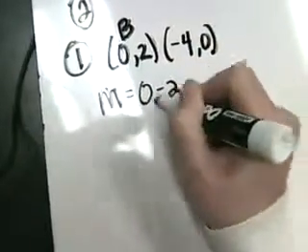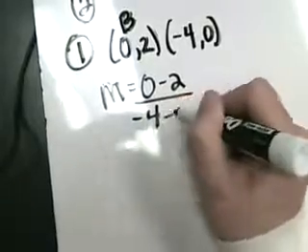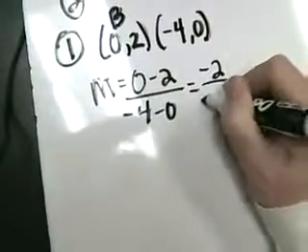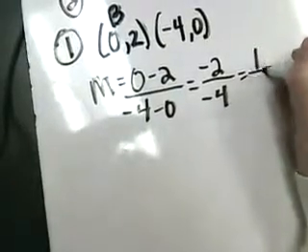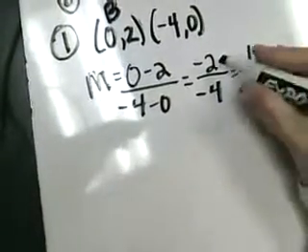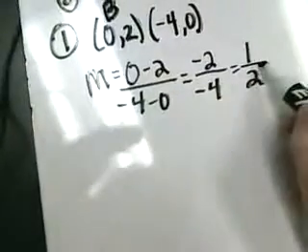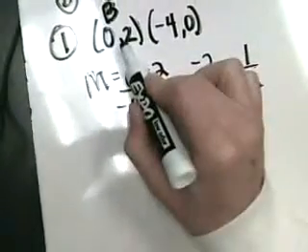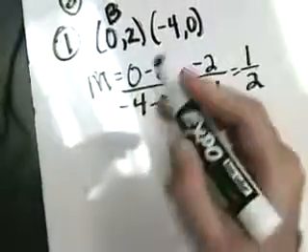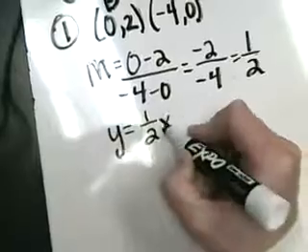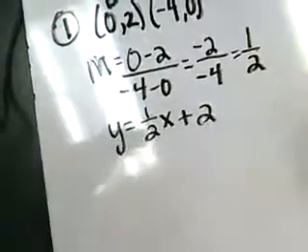So 0 minus 2 over negative 4 minus 0. That gives me negative 2 over negative 4, which is 1/2. Positive 1/2 since I had 2 negatives there. Then remember from here, I have my m, I have my b, so my final would be y equals 1/2 x plus 2.